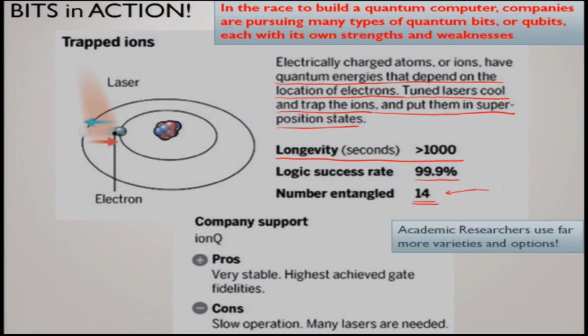So, there has been a lot of effect as a result of this huge success in terms of using this technique commercially, and in the race to build quantum computer, companies are pursuing many types of quantum bits or qubits, each of which having their own strengths and weaknesses.